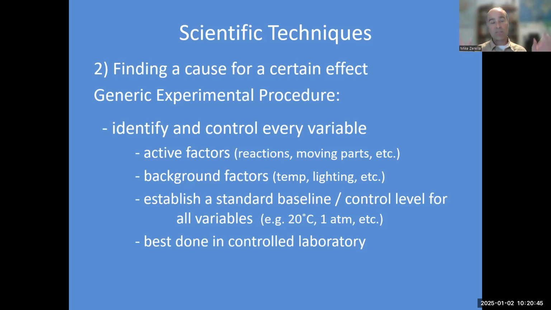So we want to identify and control as many different variables as we can, and I listed a bunch of them here. Of course, this is best done in a controlled laboratory, where you can control the temperature and the lighting, the time of day that this is happening, and everything possible. Much more difficult if you're doing it in a human society, or out in an ecosystem or something.